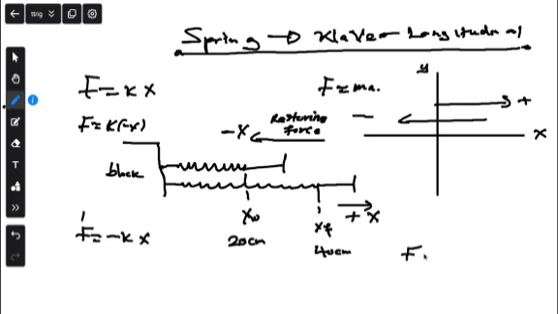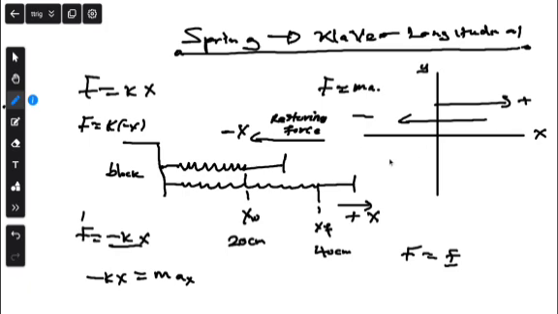So what it means here is that we know that this restoring force is equal to negative kx, and we know that this force here is equal to mass times acceleration, so we can say m ax. This is the acceleration on the x-axis.